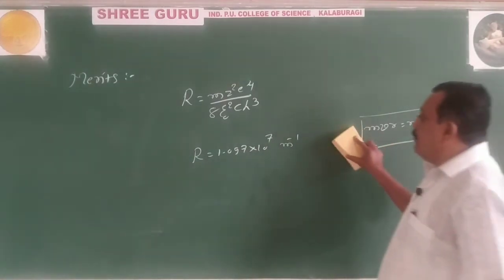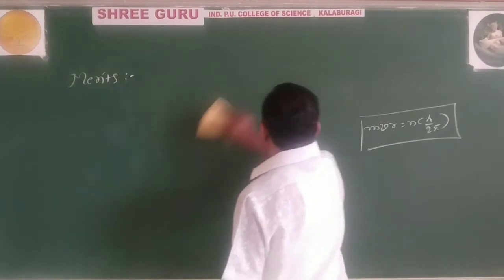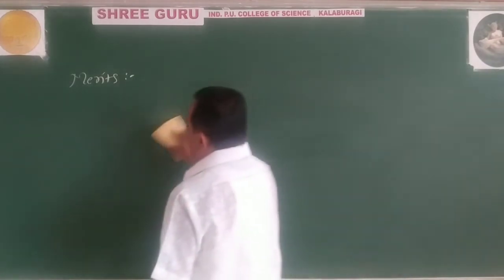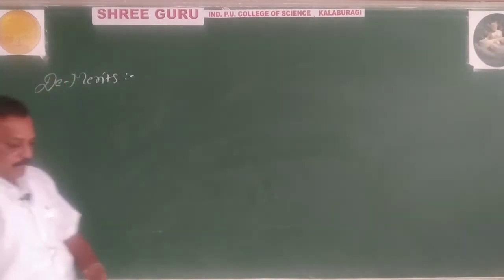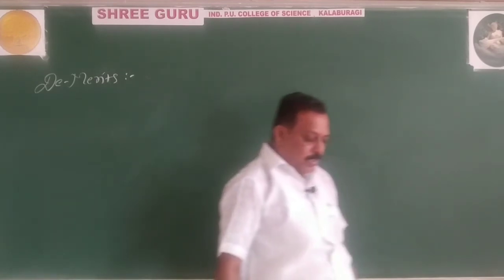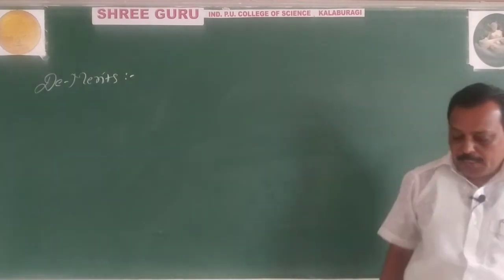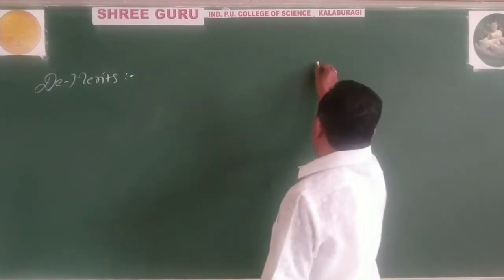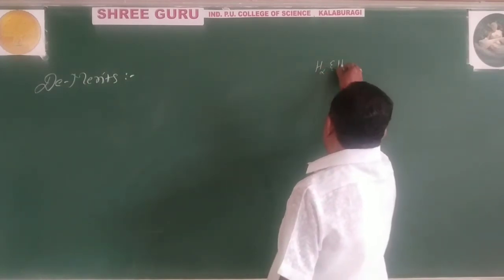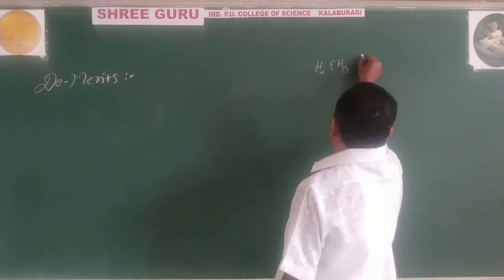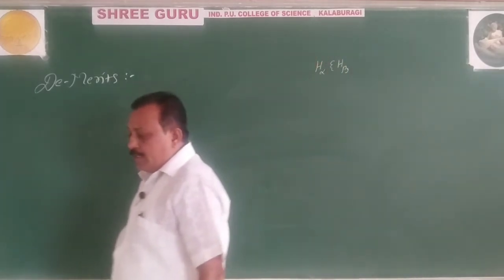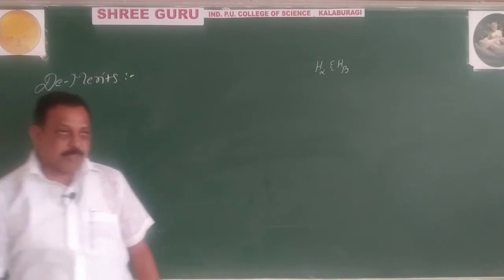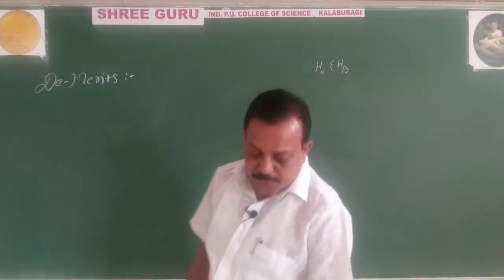Then what are the demerits? When you come across the demerit concept, Bohr's atomic model is applicable only for atoms like H alpha and H beta, very small elements. These kinds of elements are explained by using what?